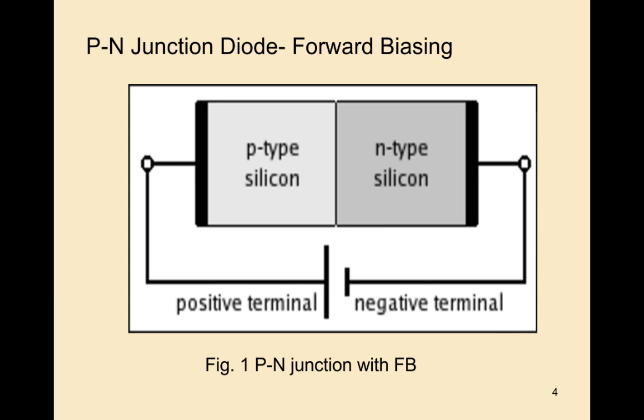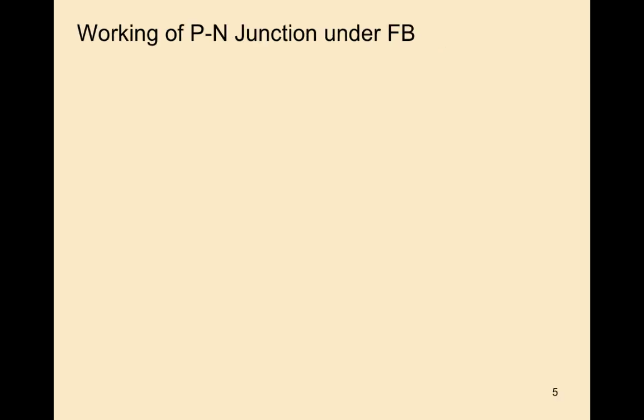So take one battery, connect the battery positive terminal to the p-type semiconductor, and the negative terminal of the battery to the n-type semiconductor. This connection we call the diode in forward bias connection. Observe this diagram: positive is connected to positive, negative is connected to negative. This is the forward biasing connection.